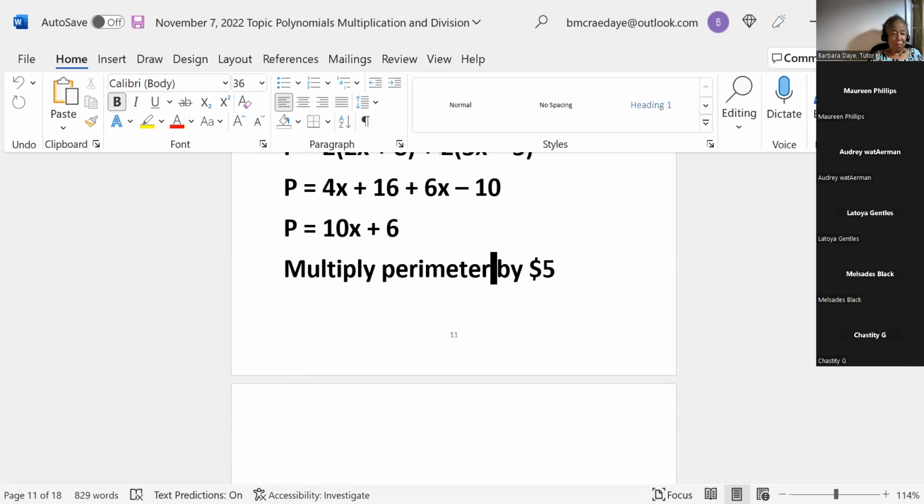Okay. Multiply the perimeter by $5. What do you get, Mercedes? Take the 5, multiply it by the 10x plus 6. That's your answer. What do you get, Mercedes? I got 550.